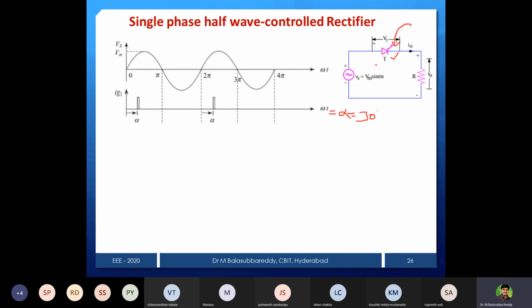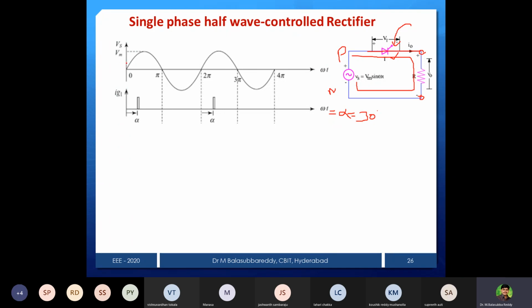Third point, once the firing pulse is given, the thyristor starts conducting. And once the thyristor is conducting, current passes through the thyristor to the neutral, so the load is directly connected to the source, and the output voltage is the same as the source voltage.